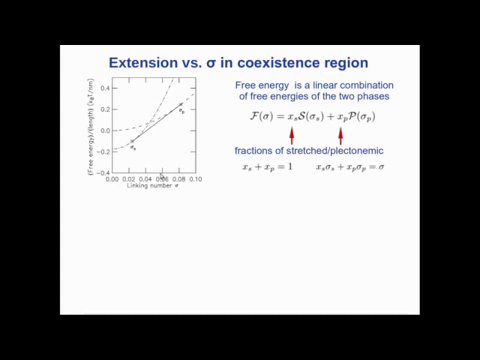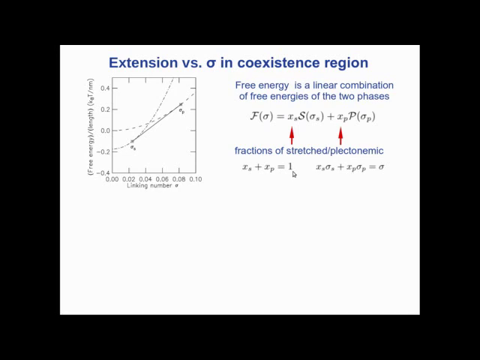Okay, so if I am here at the supercoil density of 0.05, a fraction of my system, xs, will be in the straight phase, and a fraction, xp, will be in the plectonemic phase. The sum of these two fractions must be equal to 1.